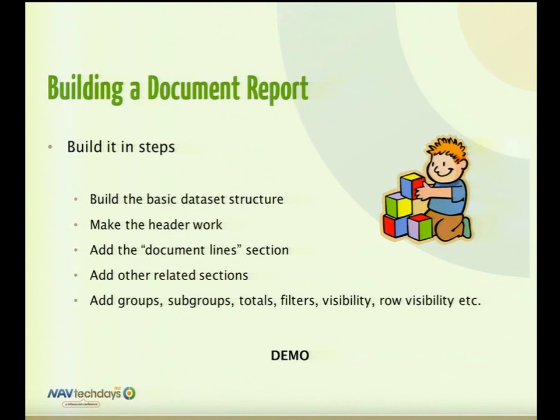I will show you how to create the basic dataset structure. From there, my first aim will be to make the header work, because our document report headers are complicated. They change language and change document numbers on the fly. And then once that is done, I will start making the body work by putting first the sales line section and then some related sections to it.